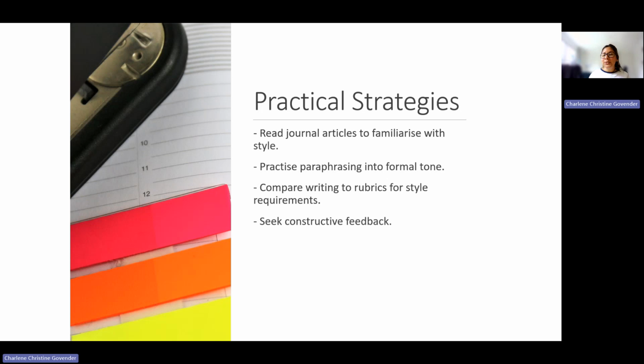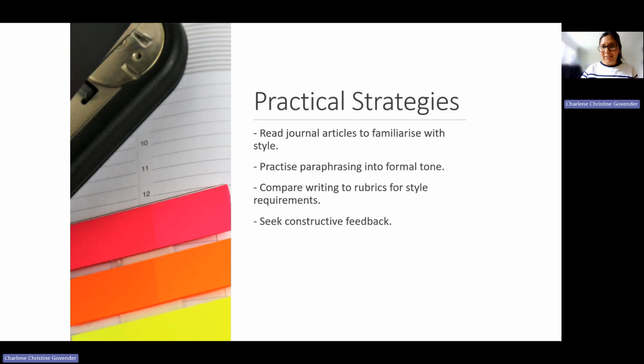It will also tell you the type of style they want you to write. If you're doing a report, your writing style will be different from an essay. So always look at your assignment rubrics and read them again. Make sure you know what you need to do. And if not, come and see me and we can go over it.